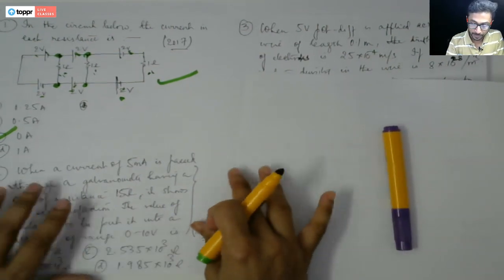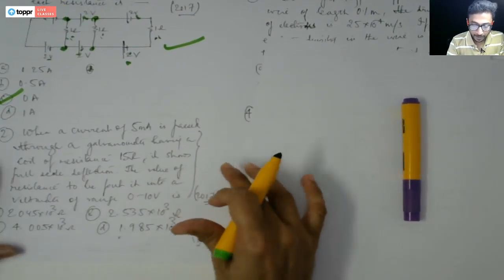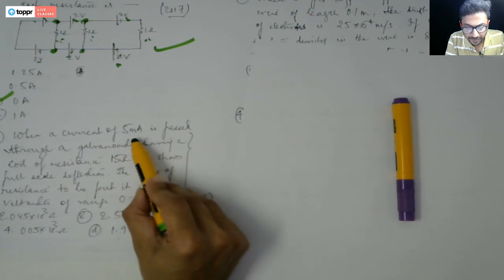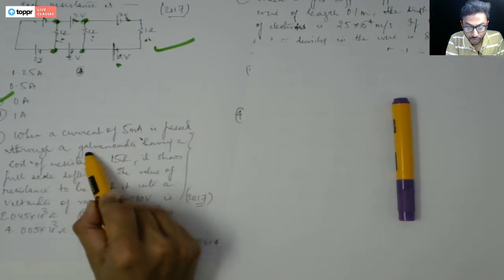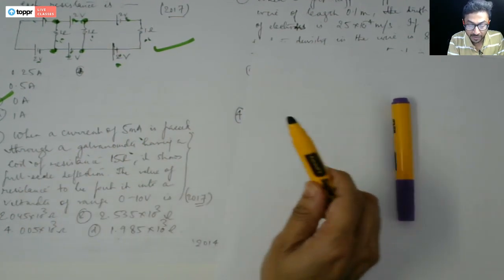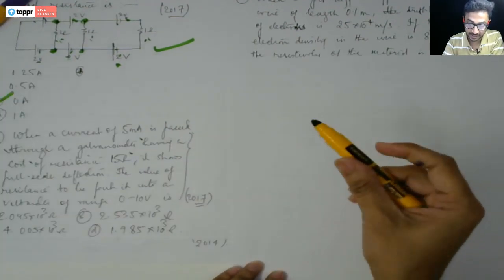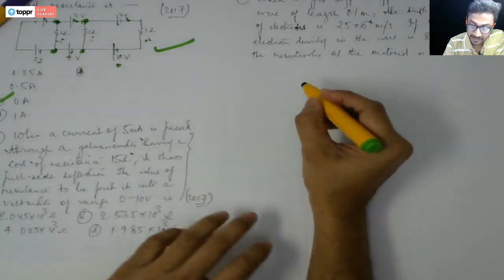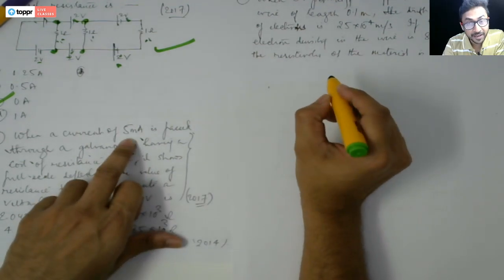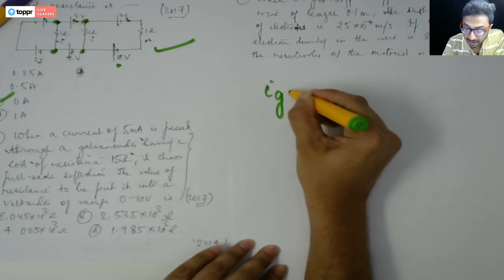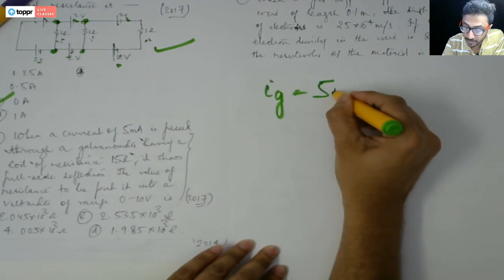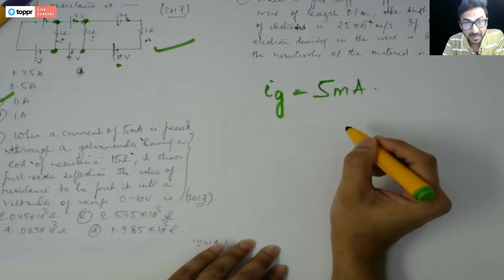Let's come to this problem. When a current of 5 milliamps is passed through a galvanometer having a coil resistance of 15 ohm, we were just discussing that. So definitely Ig will be 5 milliamps here.